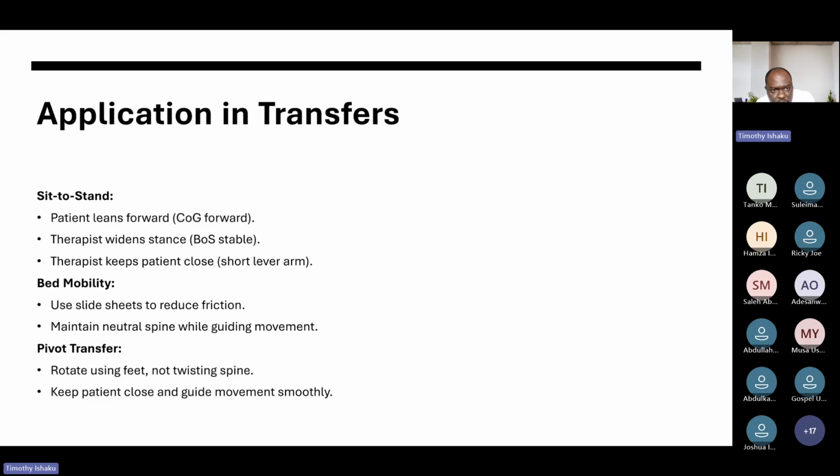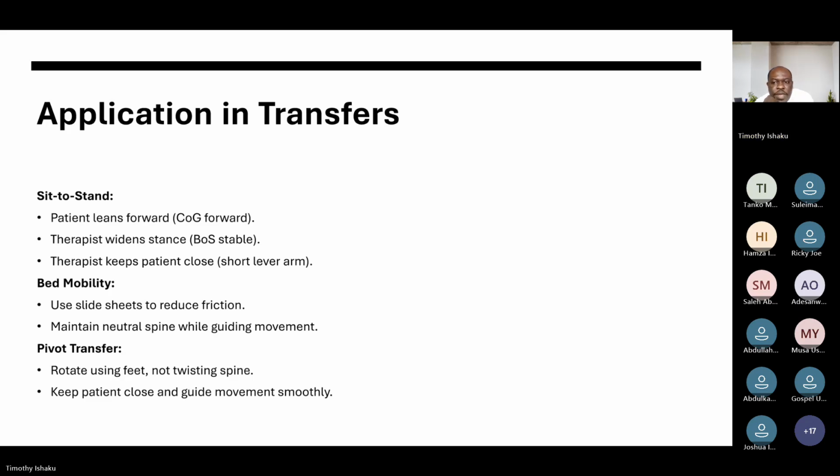When you are standing a patient, ask the patient to lean forward, displace their center of gravity forward, so that they are already in that position whereby their body is more likely to move forward with less effort from you or from the patient as well. We said the wider the base of support, the more stable an object is. When you are moving a patient, or you are handling a patient, or when your therapists or carers are handling a patient, educate them to use a wide base of support. And then the lever system: try to move an object close to you.